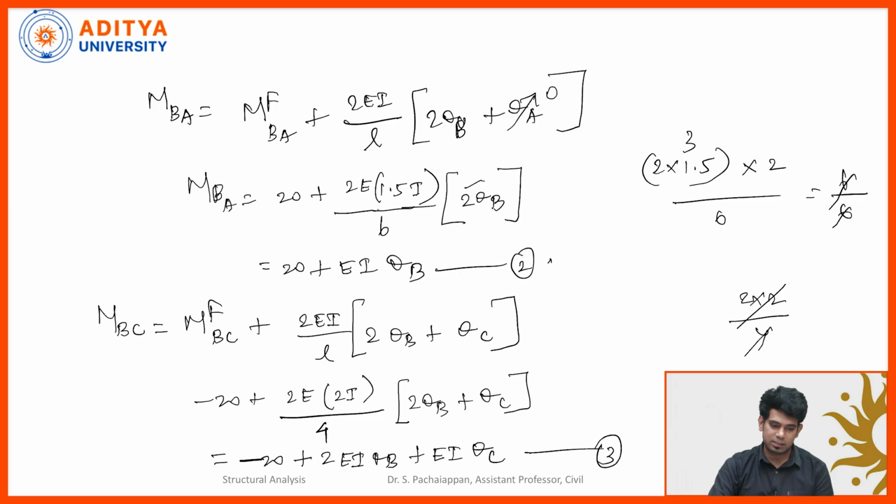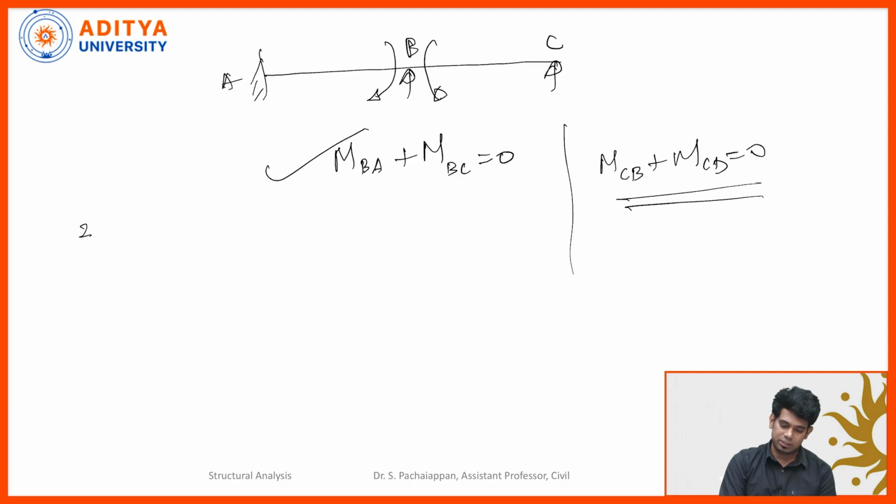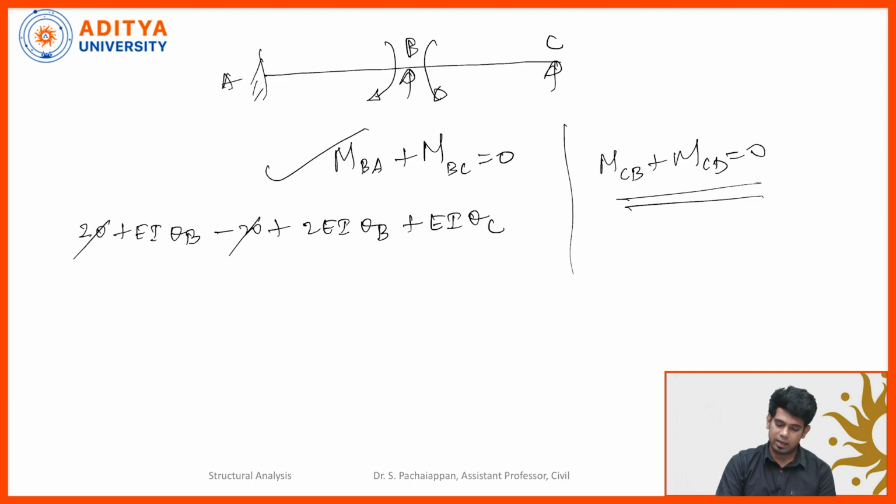MBA is 20 plus EI into theta B. Then MBC is minus of 20 plus 2 times of EI theta B plus EI theta C. So 20 will get cancelled, EI plus 2 EI will become 3 times of EI into theta B plus EI into theta C equal to 0. Let's make this as equation 5.